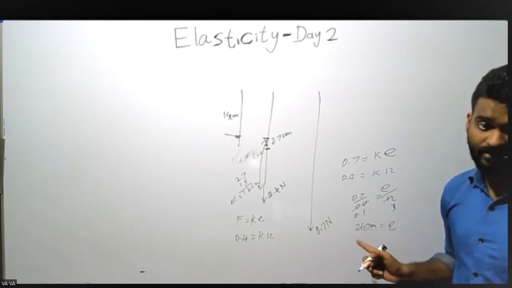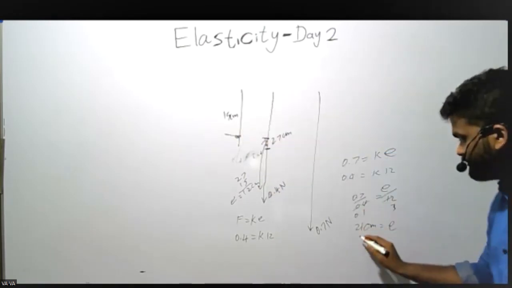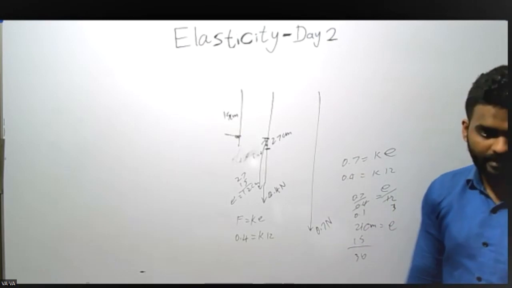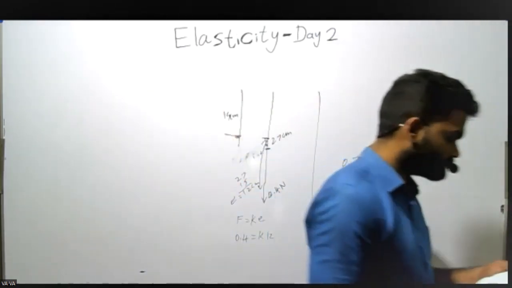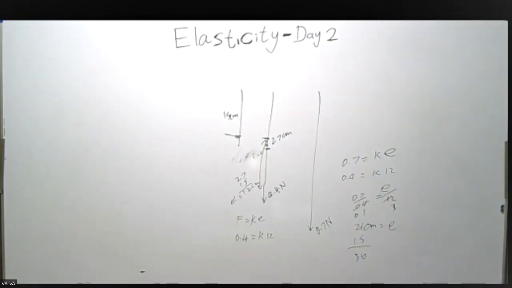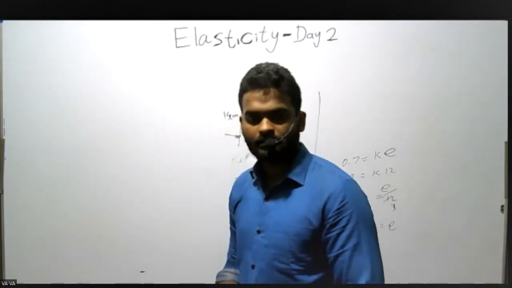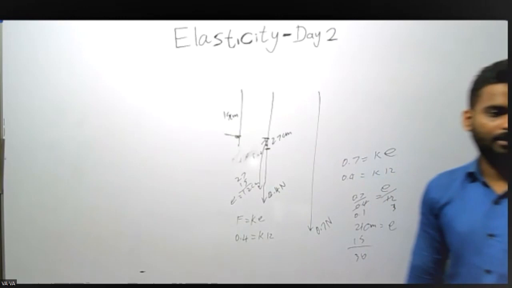That's the extension. What's the initial length? 15 centimeters. So 36 centimeters. Third one, yeah. Okay, try the next one, 39. Try 39. If you have any questions, send me a message.